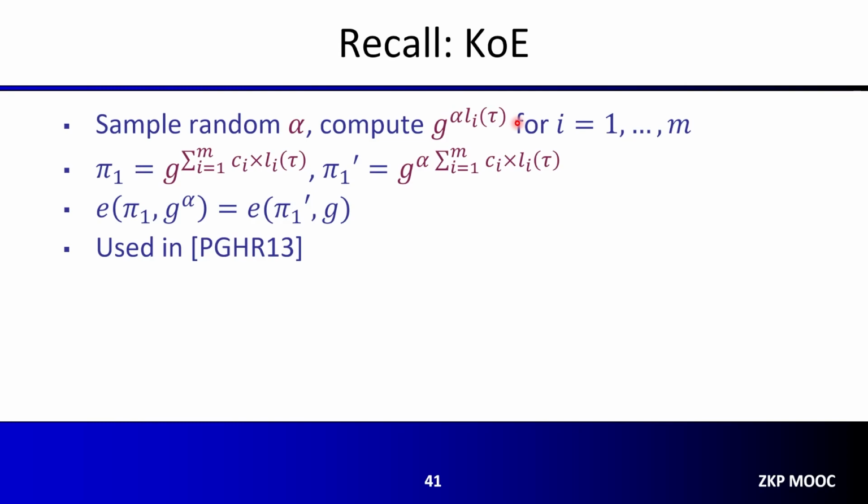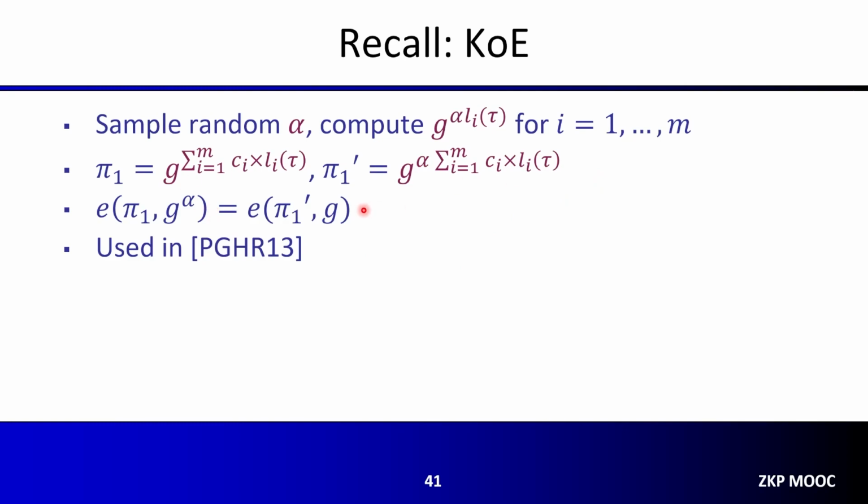So it's a counterpart of the original public parameters. And then for every proof pi1 the prover is trying to generate, we also ask for a counterpart pi1 prime, generated using the second set of public parameters.